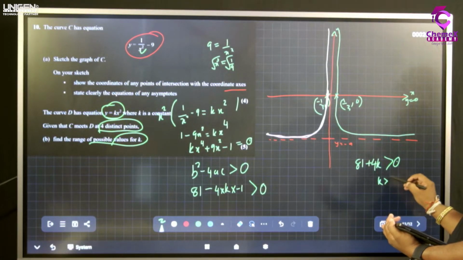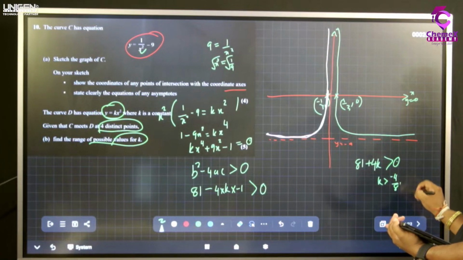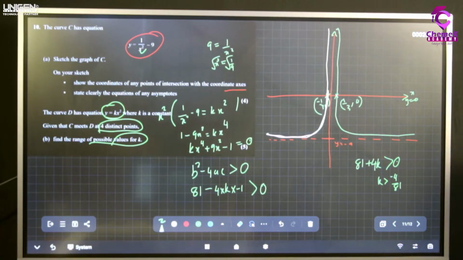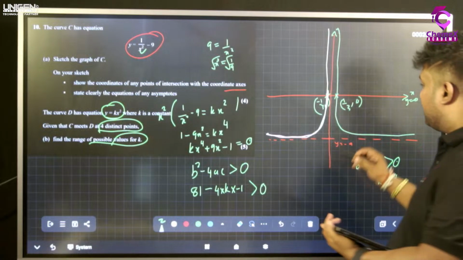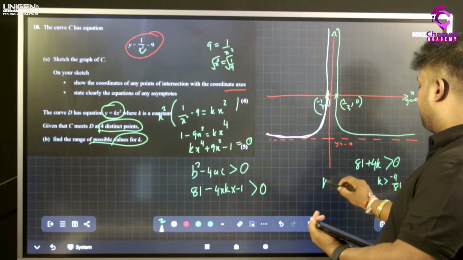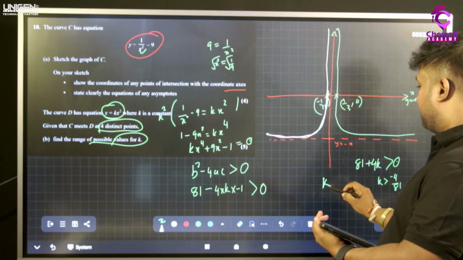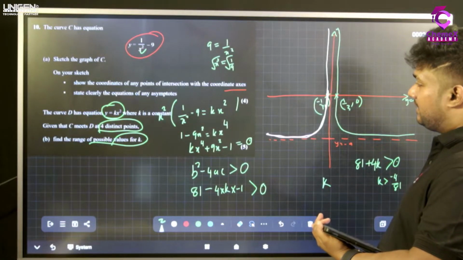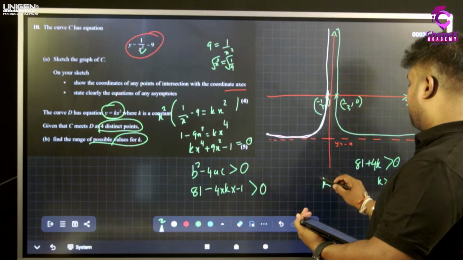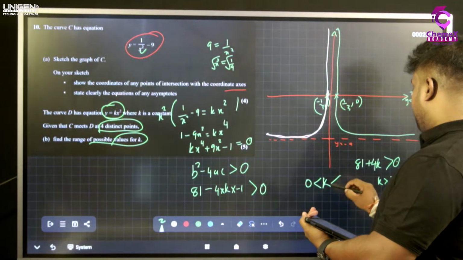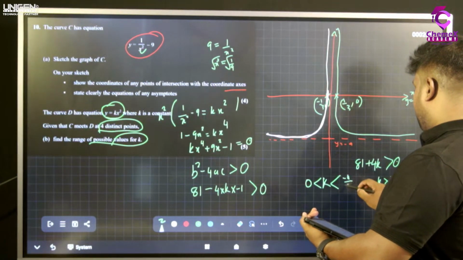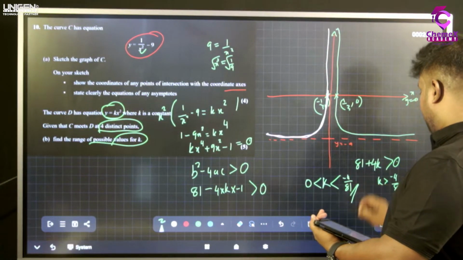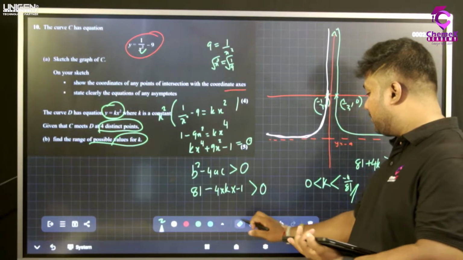So k is minus 4 over 81? What are the values of k? K should be larger than 0 or less than minus 81 over 4, not 41 over.